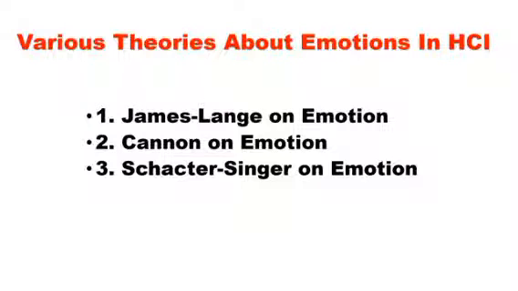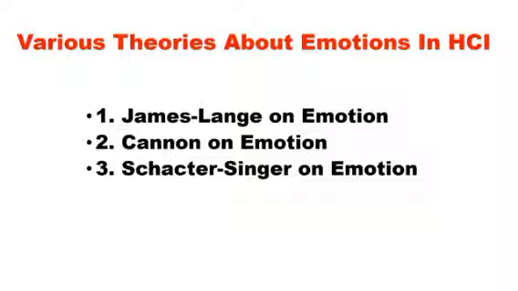Next, various theories about emotions in HCI. Various theories of how emotion works. There are three scientists, James Lange, Cannon and Schachter-Singer. These scientists have defined emotions in different ways. They have their own opinion on the emotion. So let us see.